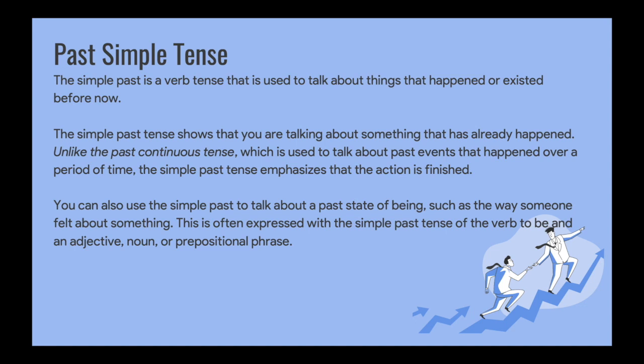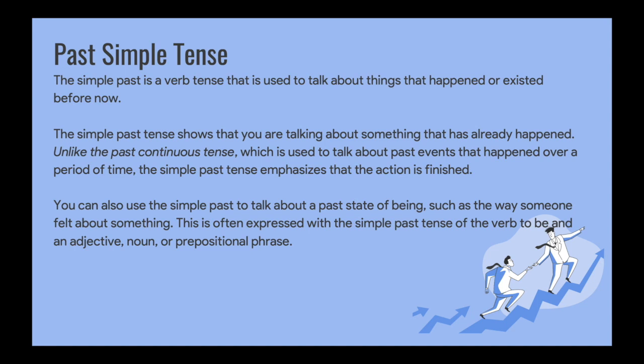So the past simple, we use it to talk about things in the past that happened or existed before now. We use it to show that you are talking about something that has happened. Unlike the past continuous, which is about past events that happen over a period of time, the past simple emphasizes that the action is finished, is completed.